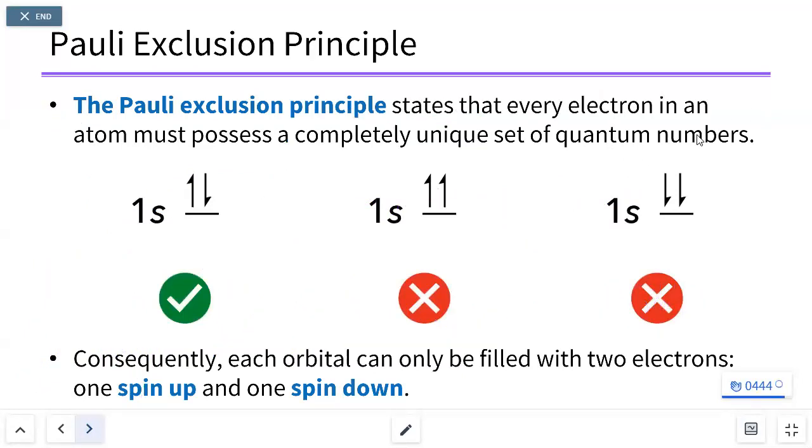So one of the last things that we looked at on Monday was the idea of the Pauli exclusion principle. I kind of buzzed through it quickly, so we want to rehash it, restate it here.